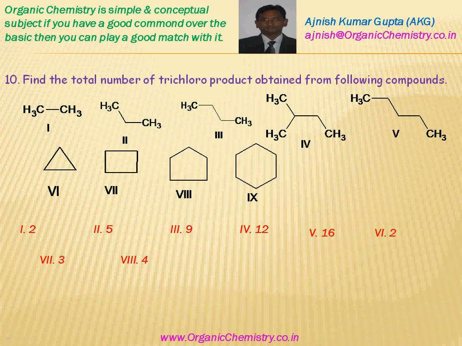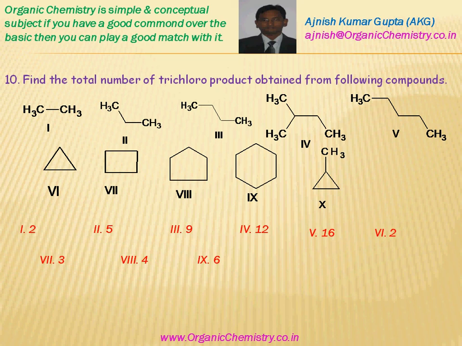For cyclohexane, answer is 6. Positions may be 1, 1, 2, 1, 1, 3, 1, 1, 4 or 1, 2, 3, 1, 2, 4 or 1, 3 and 5. So answer is 6.